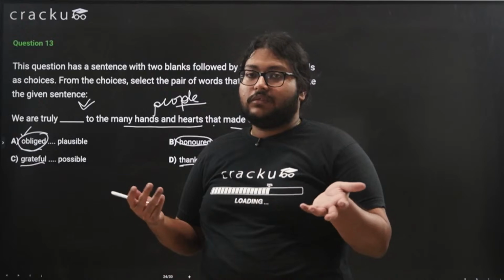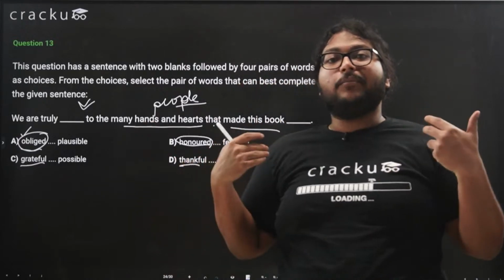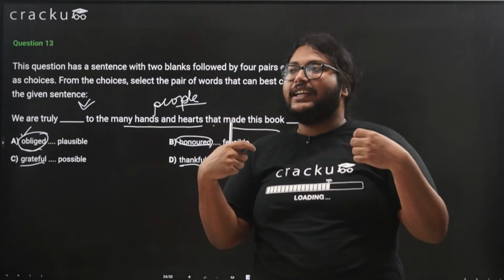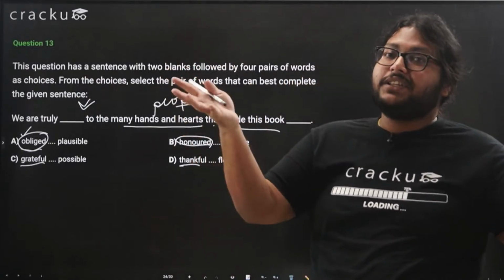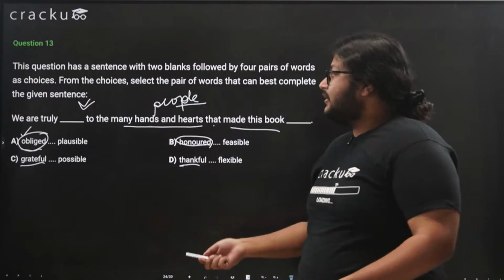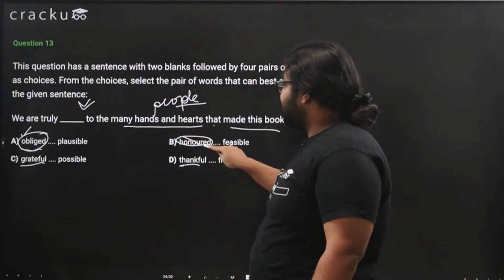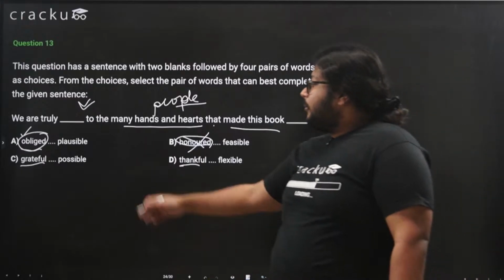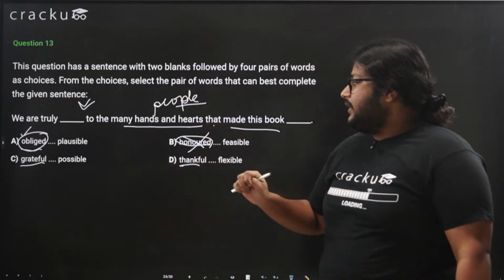Honored is like, I am honored to be a part of this. That is not the case. Here we are telling them we are very thankful that you guys are part of this. So honored doesn't make sense here. Rejected. Okay, so obliged, grateful, thankful, all three of them make sense.